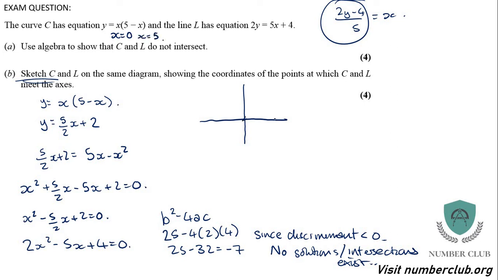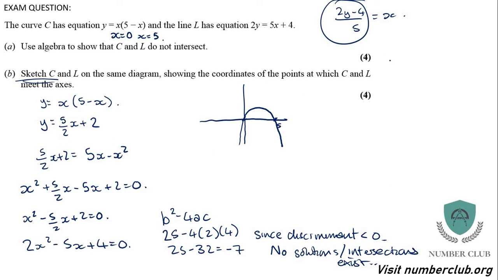So we have 0, we have 5, and it's an n-shaped curve, something that looks like that. Now I'm going to expect the line to go somewhere off up like that. If the line's got a negative gradient, there's solutions. If the line's got a negative y-intercept, there are solutions. So I'm going to expect it to go off like that somehow.